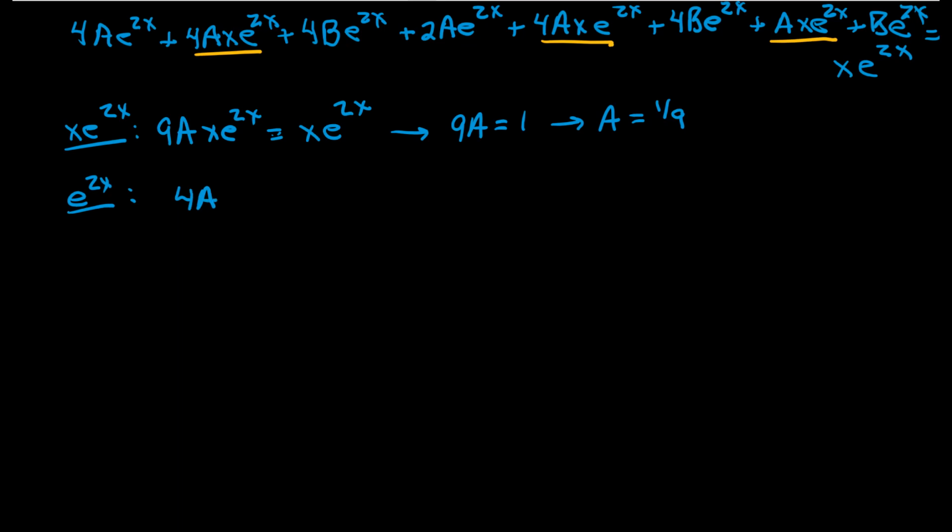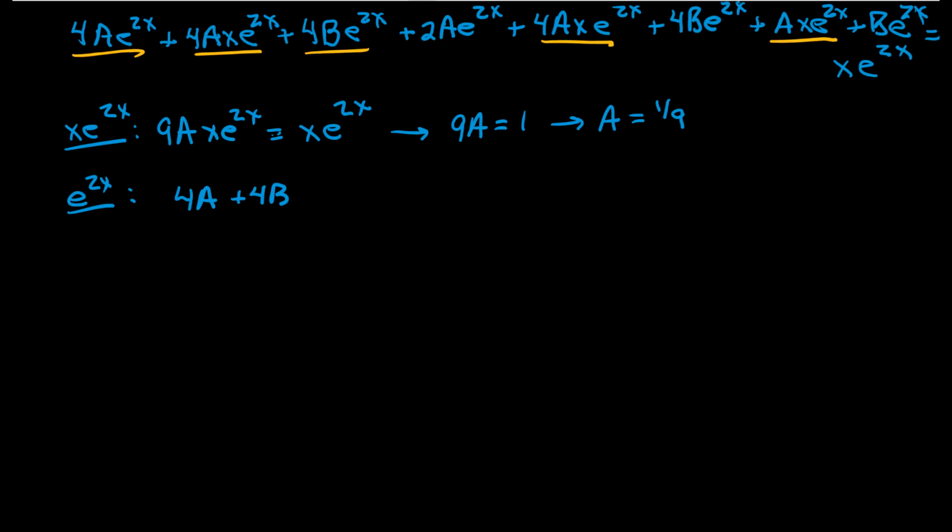Now on each of these, I'm going to go ahead and leave out the e to the 2x, or if you would, divide by e to the 2x. e to the 2x is never 0, so it's fine to just go ahead and divide by that. So from this first term, factoring out the e to the 2x, I'm left with 4a. From the second term, right here, left with plus 4b. Okay, so that's got that one taken care of.